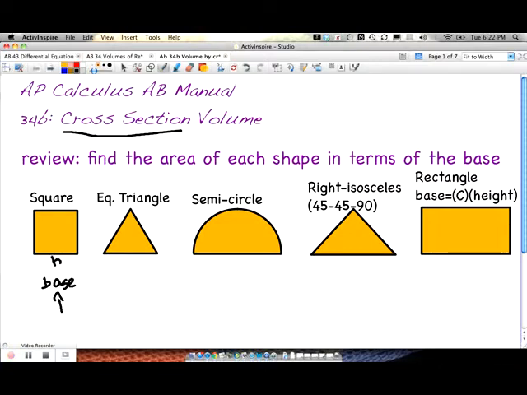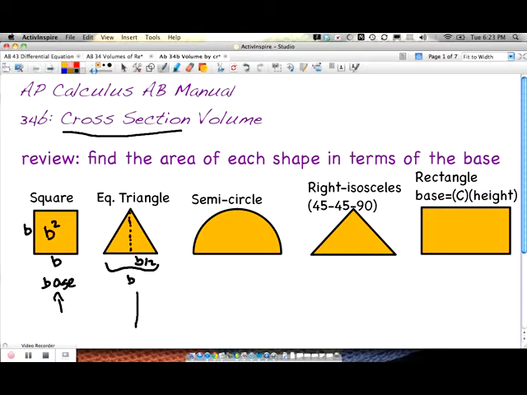So for a square, that's pretty straightforward. Let's just say the base was b, then the height is also b, and the area is b squared. As we get into these other pieces, that's going to be changing a little bit. So if we say that the equilateral triangle, for example here, if the whole base is b, then half the base is b over 2.